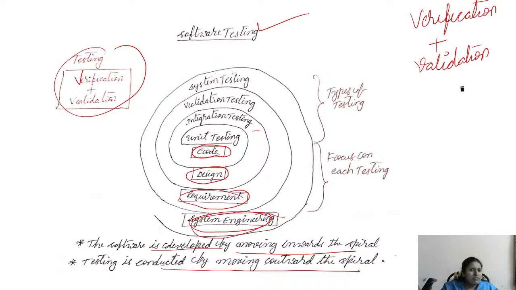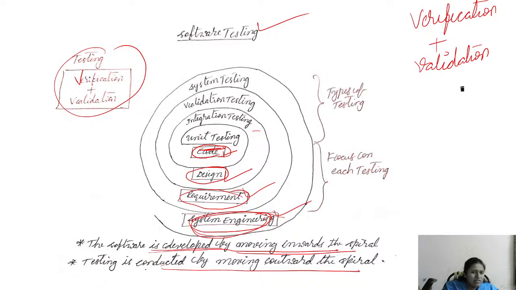System engineering means understanding what the actual system is and how everything will work. Next we gather the requirements of that system, we design it, and finally we do the coding of that design. This is how the software is developed by moving inwards of the spiral. First system engineering, then requirement gathering, then design, and in the final step coding.